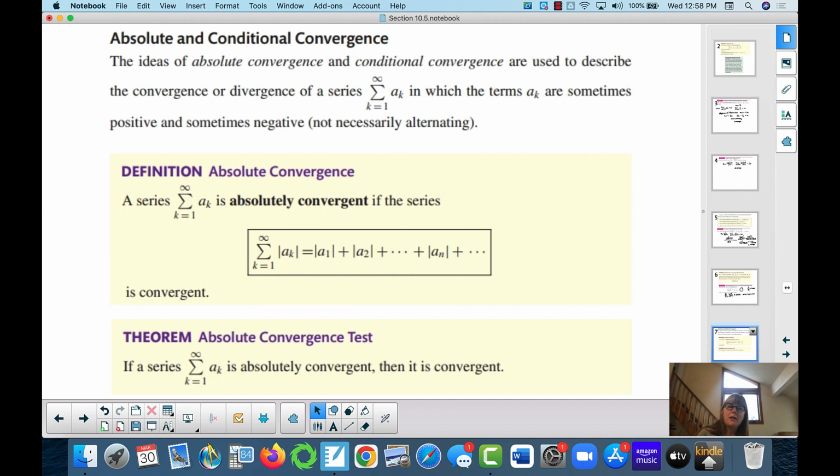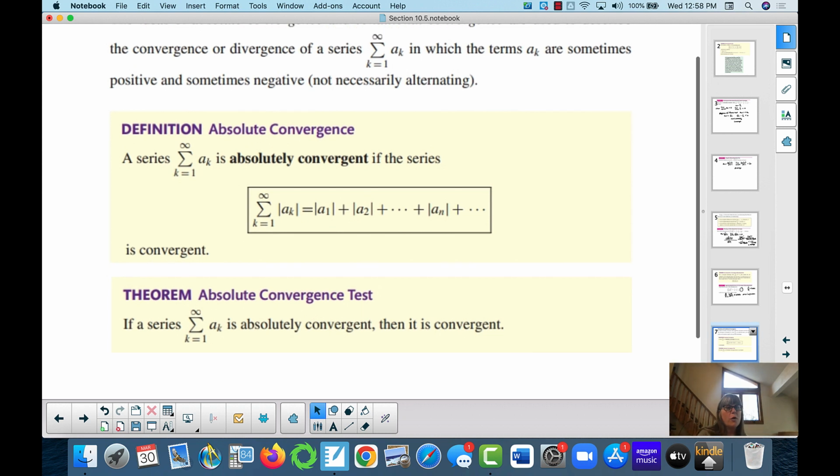But it doesn't mean that if a series is convergent, it's absolutely convergent. So that's important. Absolutely convergent means it has to be convergent, but just because it's convergent, it could be conditionally convergent, and therefore not absolutely convergent. So hopefully that makes sense to you.